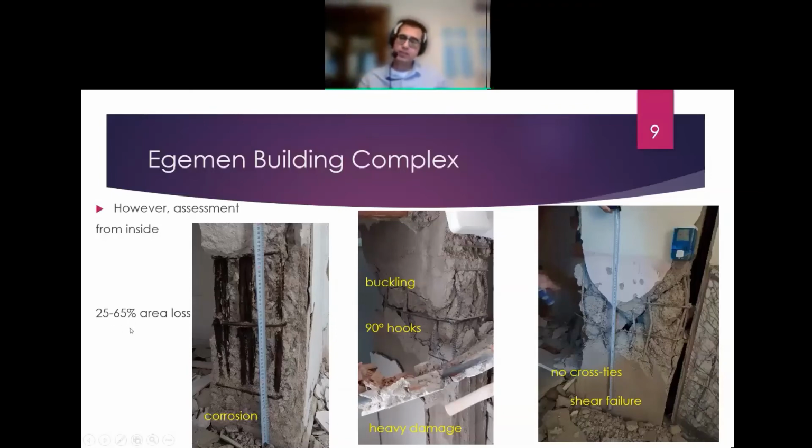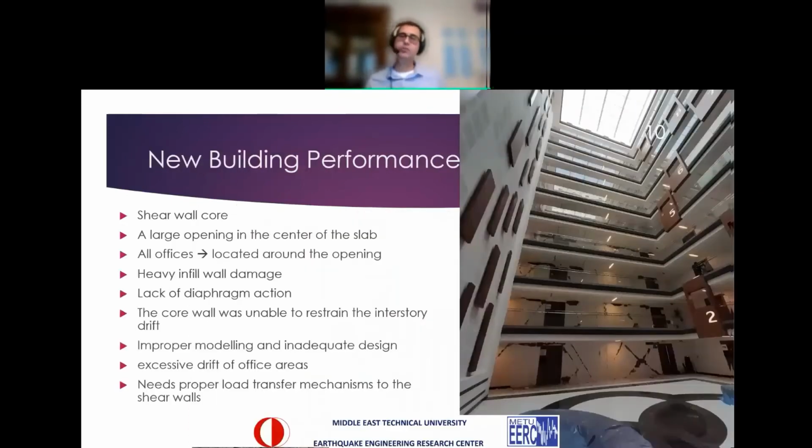Between 25 and 65% of the area is already gone because of corrosion. And it is important: sometimes it is misleading just looking from outside with the street survey. You can't capture everything. It is an important outcome. I want to also give an example of a new building. It is, as you see on the right-hand side, a new one.